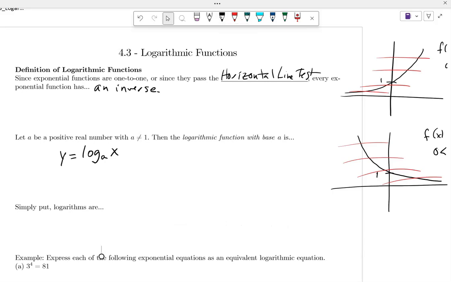That's how we read it. All right, so this is what we mean by the logarithmic function. Now I need to define it in terms of the inverse. So remember, this is supposed to be the inverse of the exponential. Remember, inverses reverse the roles of x and y, right? Inputs become outputs, outputs become inputs.